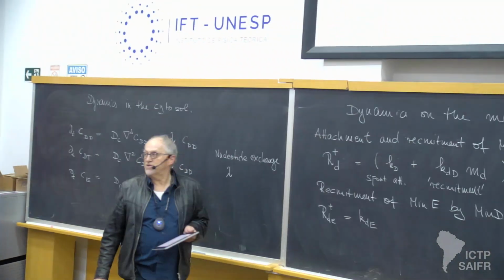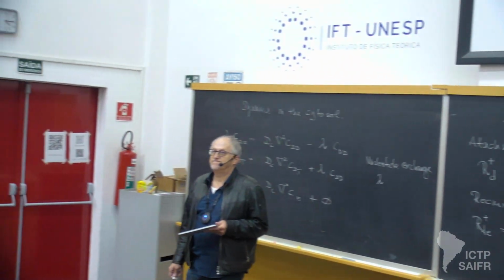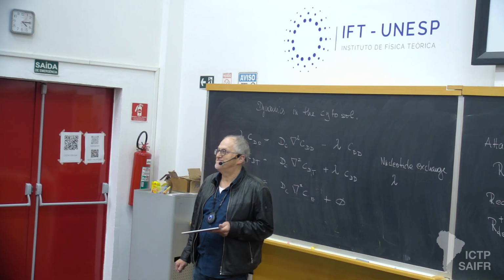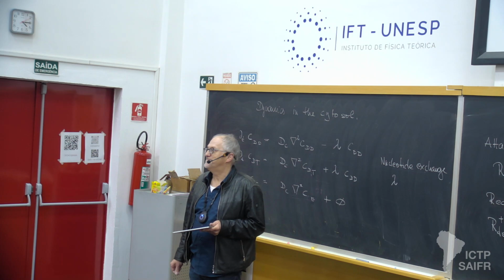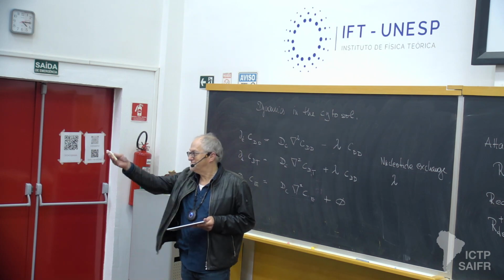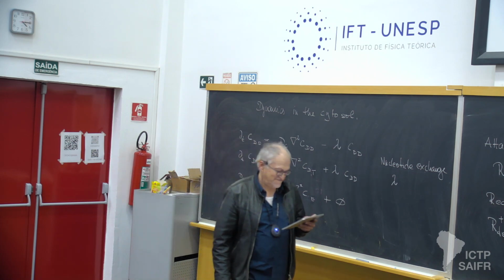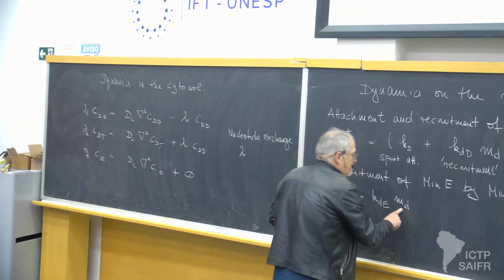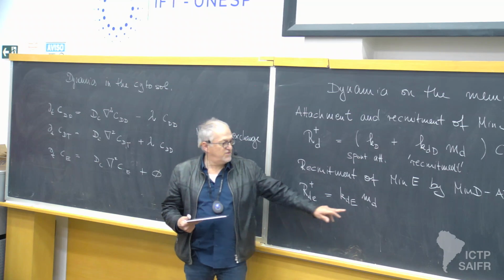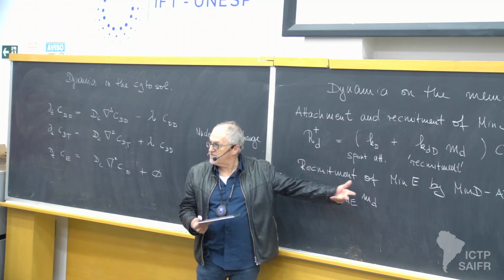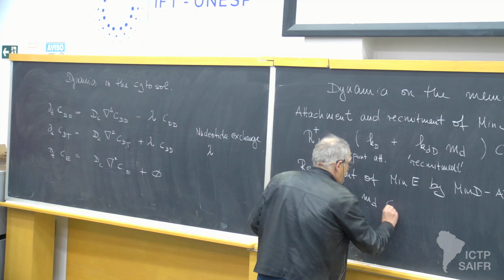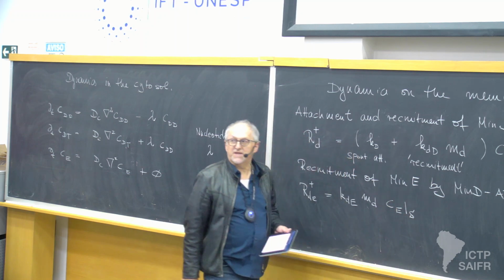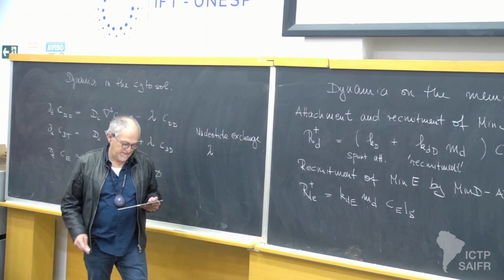What should it be proportional to? Don't be shy, it's very simple. Is it c_E times m_D? It's m_D, yeah, because those are the guys that do the recruitment, right? You need proteins on the membrane to recruit it. And what are you recruiting? You are recruiting the min-E proteins that are right at the surface.